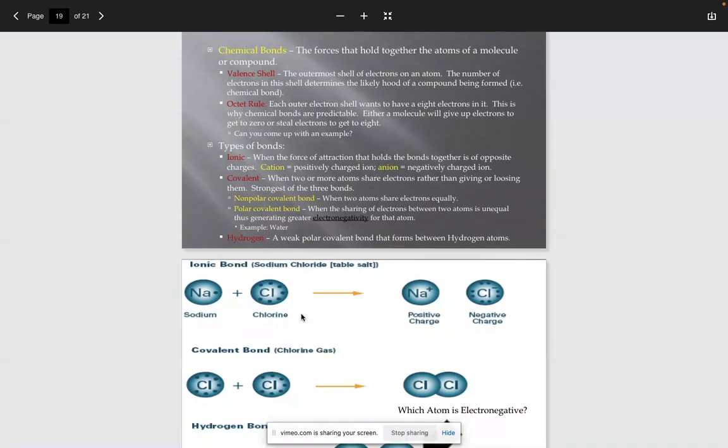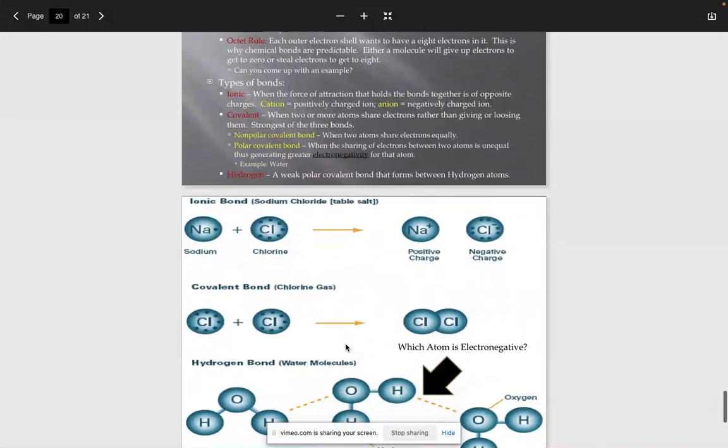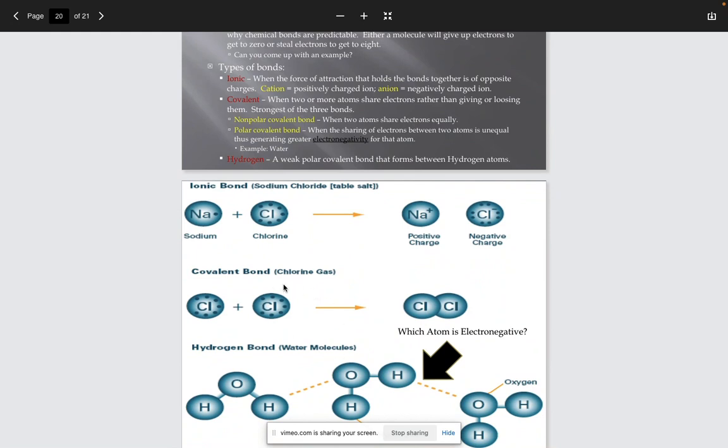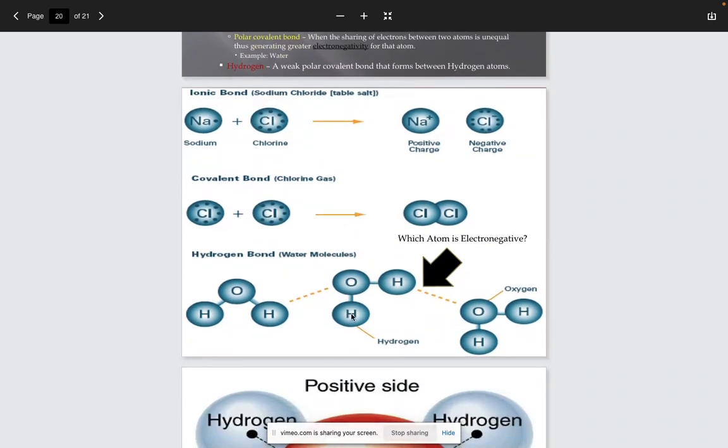So here's just an example that I've shared. Sodium and chloride coming together. This is a form of an ionic bond. You have the cation right here of the positive charge sodium, and you have the negatively charged chlorine molecule. This is an example of a covalent bond. You have equal sharing of electrons here. This is an example of hydrogen bonding to an oxygen.